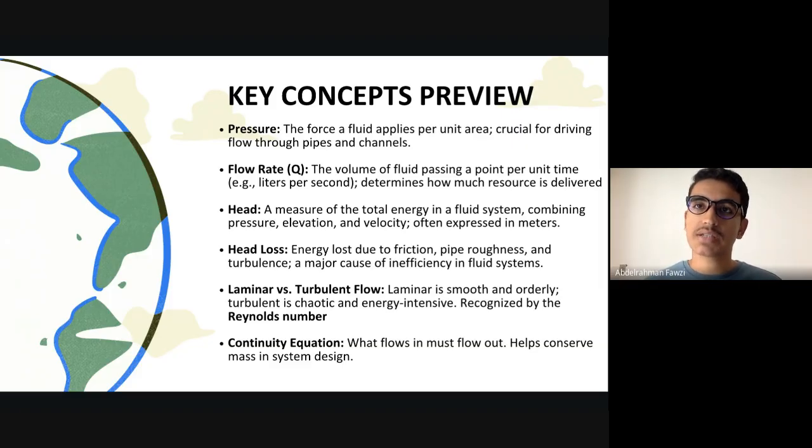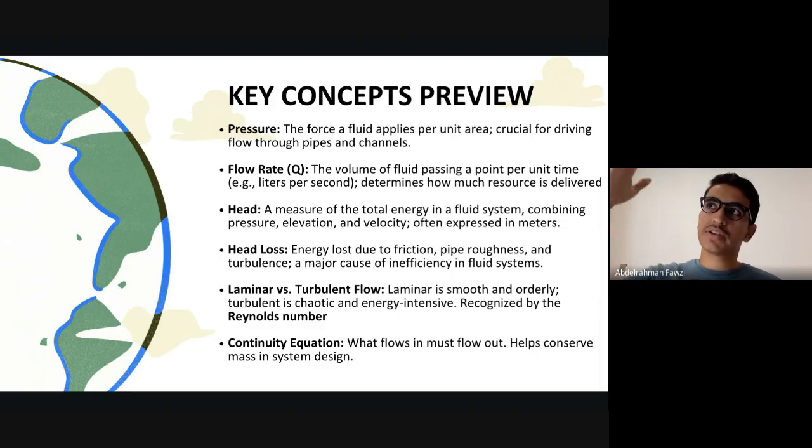We have the head loss. The head loss is the energy that you lose from your fluid. By the way, we calculate the head with the unit of meters, like in distance, because when you have potential energy, it is always related to meters.